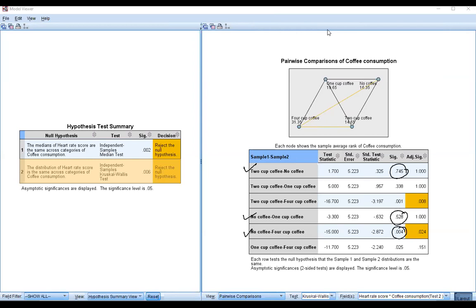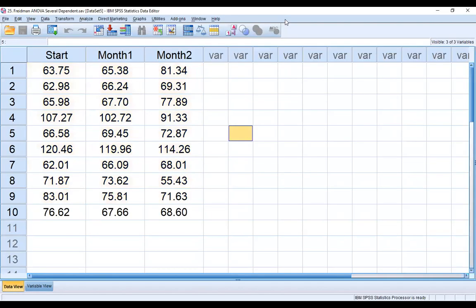Now the last case study, that is Friedman ANOVA. Some women want to reduce their weight in 2 months. So the dietitian gave the treatment. The weight is 63.75, and after 1 month weight instead of decreasing, it increased to 65, and after 2 months 81.